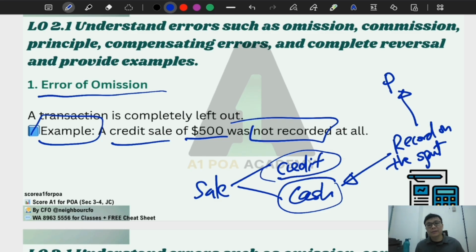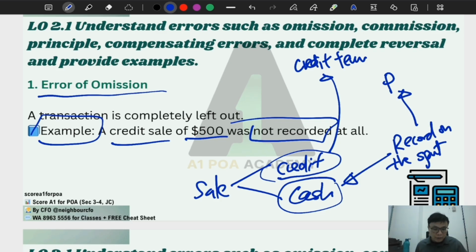But for credit sales, sometimes you forget to record because it doesn't happen on a real-time basis. You give the customer a credit term, you deliver the goods, and 1 month later he pays you. Probably you would have forgotten to record that specific transaction on the day you delivered the goods to your customer. So this is a classic example of error of omission.